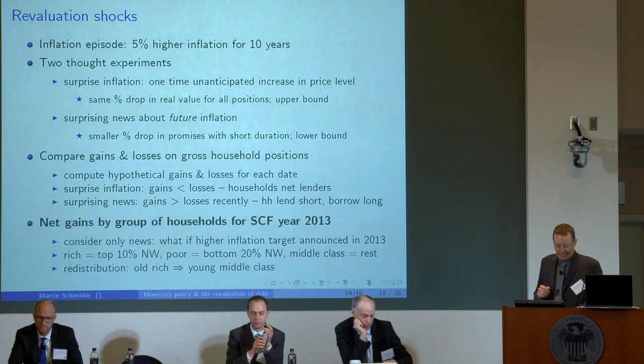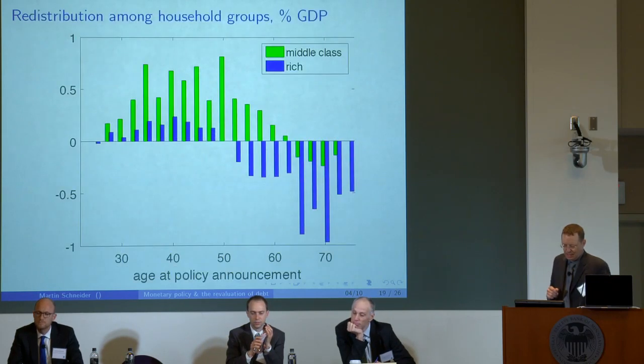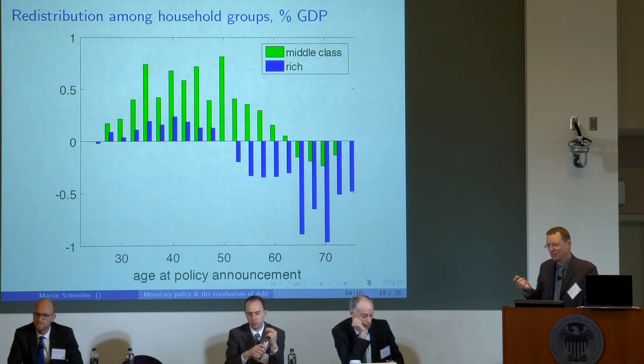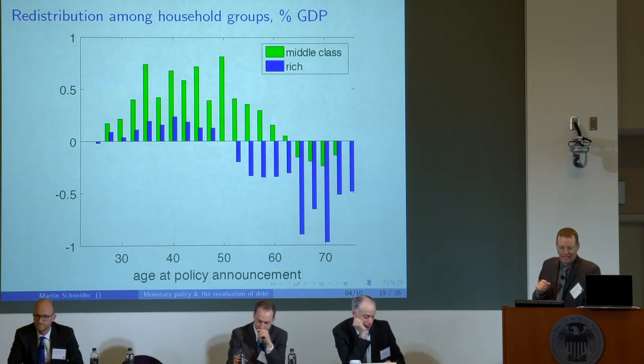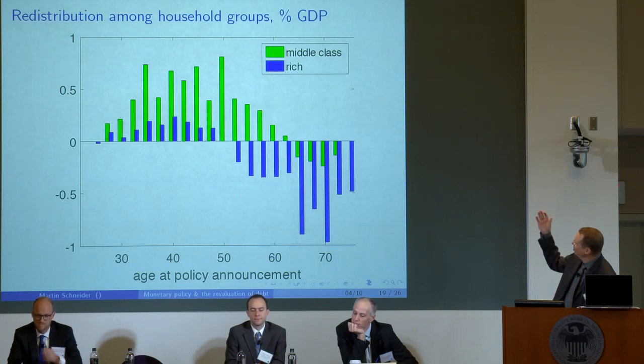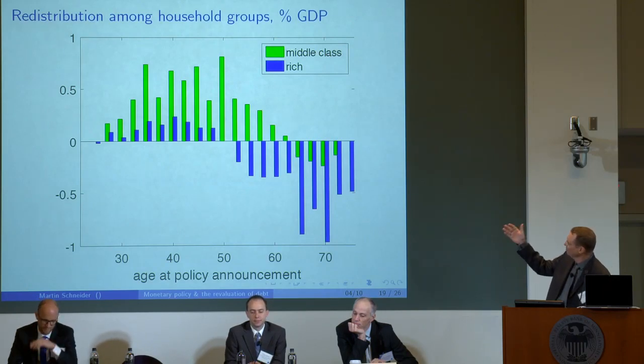When we study these net gains by group of households, here I have the age at the date of the policy announcement, so 2013, on the horizontal axis, and then the gains or losses by cohort on the vertical axis. And so you basically see that the rich, who are in blue, who are relatively old, they all make losses.